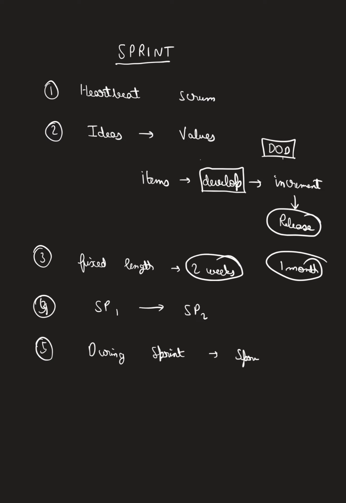Let's say you are developing a sign up application, and you have decided to make the sign up application on the web platform. You cannot say in between, no, we will develop the sign up application on all platforms, Android, iOS and web. You will not say that. Your sprint goal will remain the same.